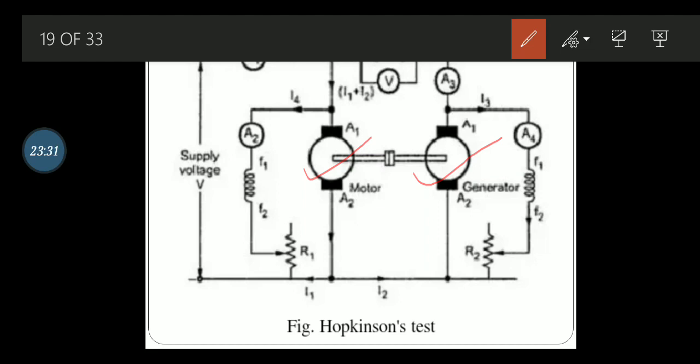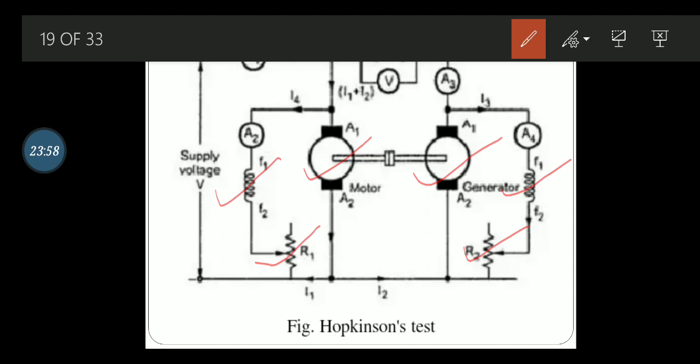So this is the field winding of the motor, and the variable resistor is connected in order to limit the field current. This is the field winding of the generator, and this is the variable resistor, connected in order to limit the excitation which is given to the generator.